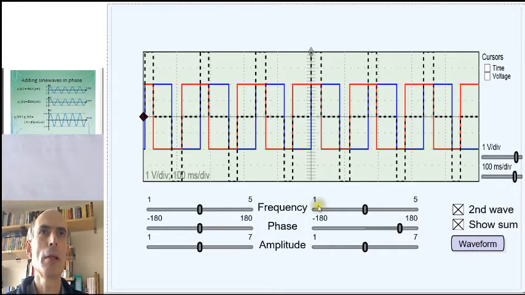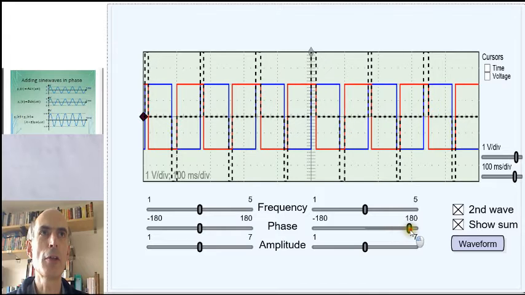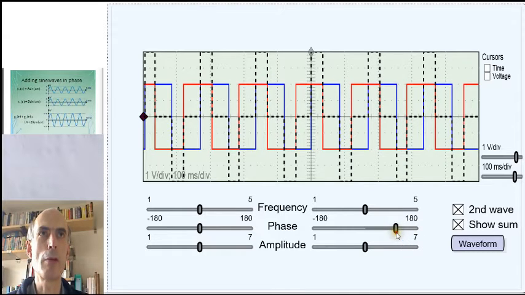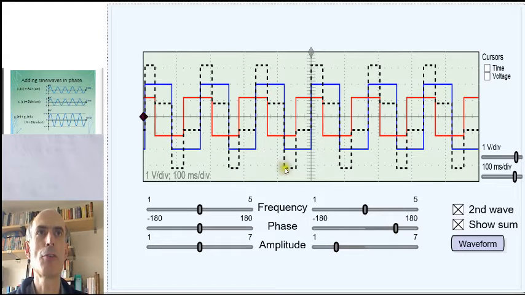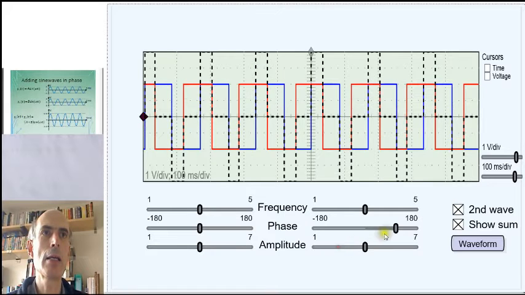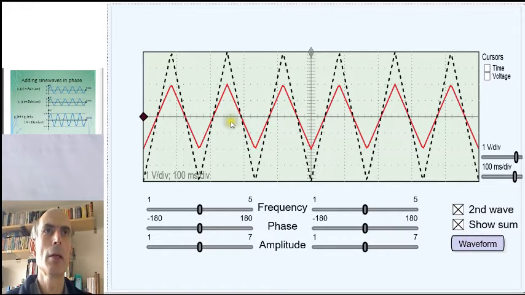For example, if I added two square waves together, the result would look like this, a kind of strange stepped waveform. And if the amplitudes were different, I can get a variety of interesting looking sum waveforms like this. If I had, let's say, a triangle waveform, if the amplitudes and the phases are the same, I would just get a larger triangle waveform as the sum.